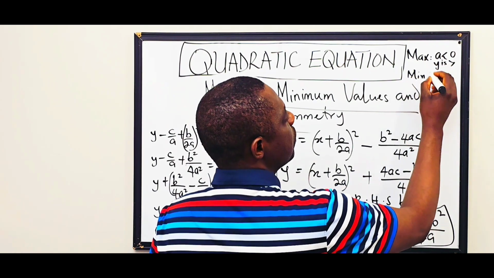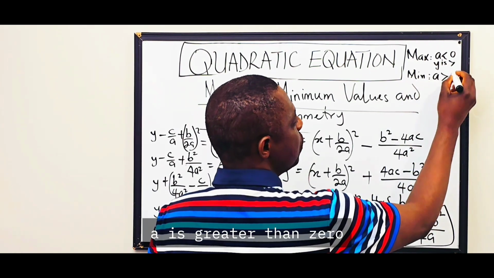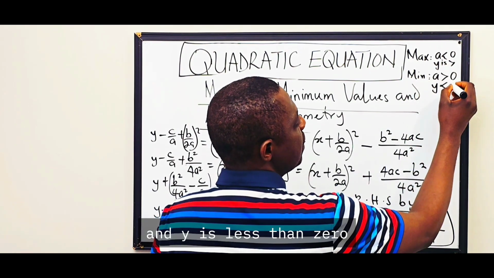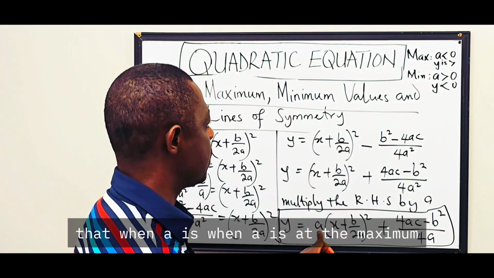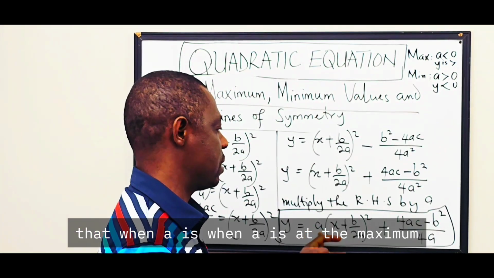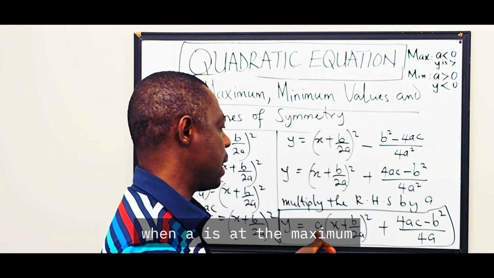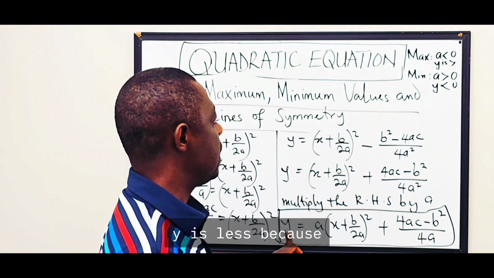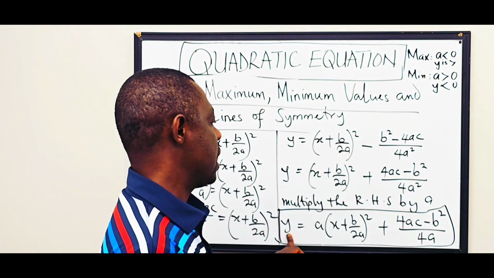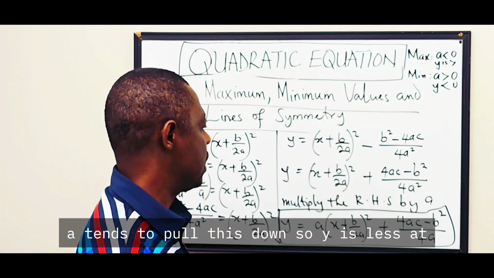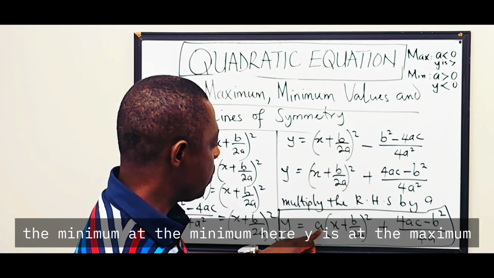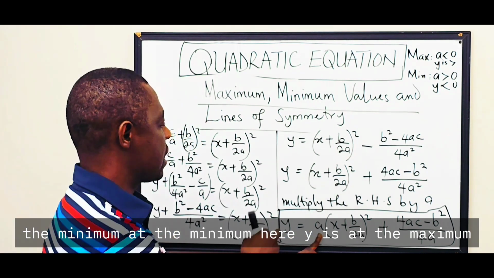At the minimum, a is greater than 0 and y is less than 0. And when we know that, that means that when a is at the maximum, y is less, because a tends to pull this down. At the minimum here, y is at the maximum.